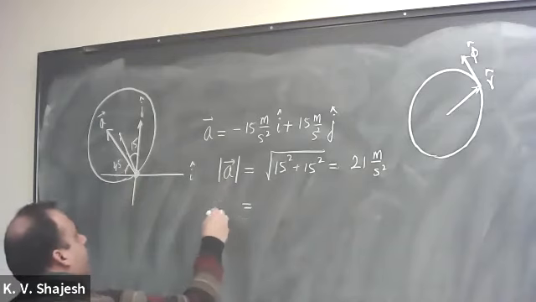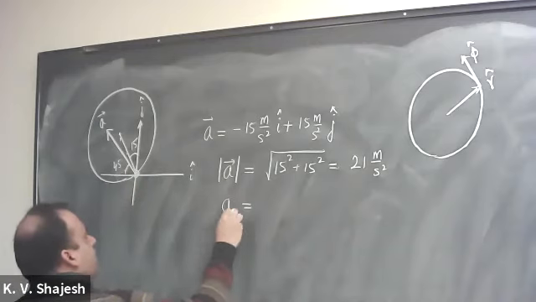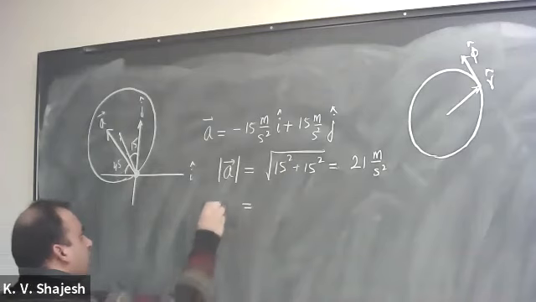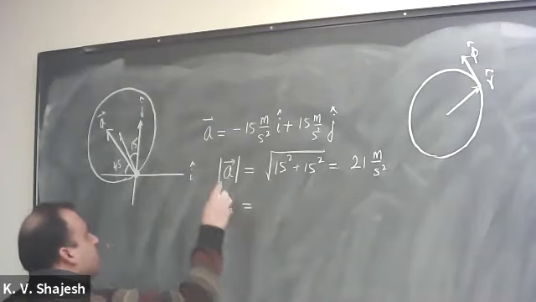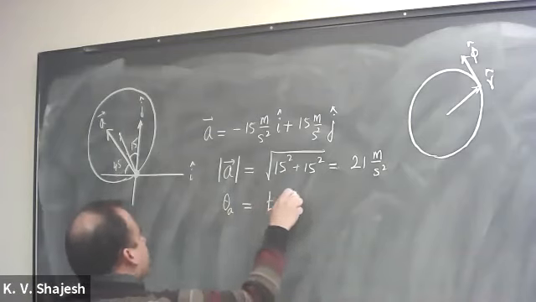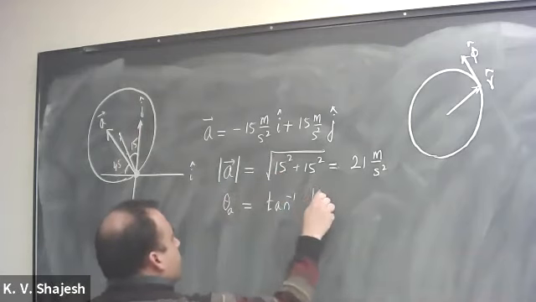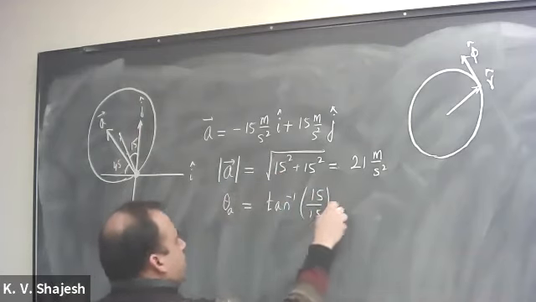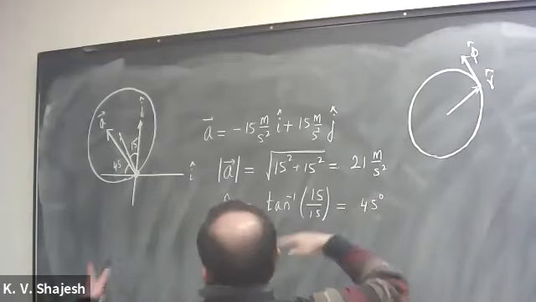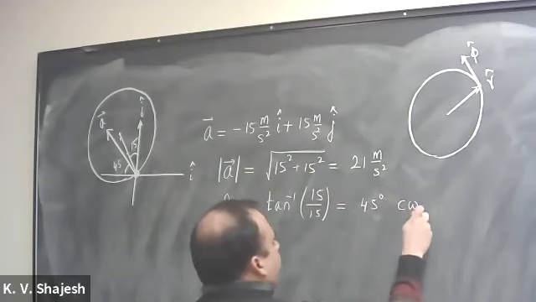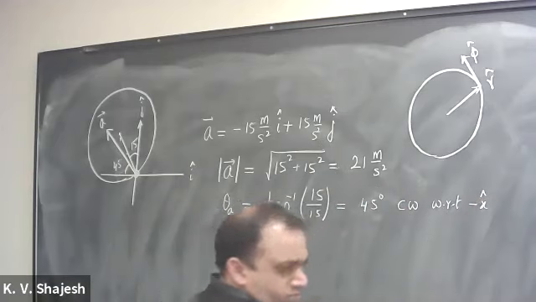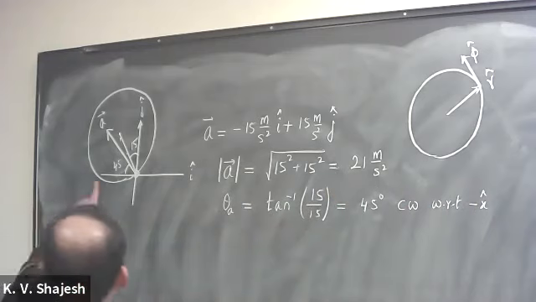So let's call it some angle, theta A, the angle associated with the vector A. That's tan inverse of 15 divided by 15 in the second quadrant. That's 1, which gives you 45 degrees. Just to make it specific, this is clockwise with respect to negative x hat. So that's your vector A.